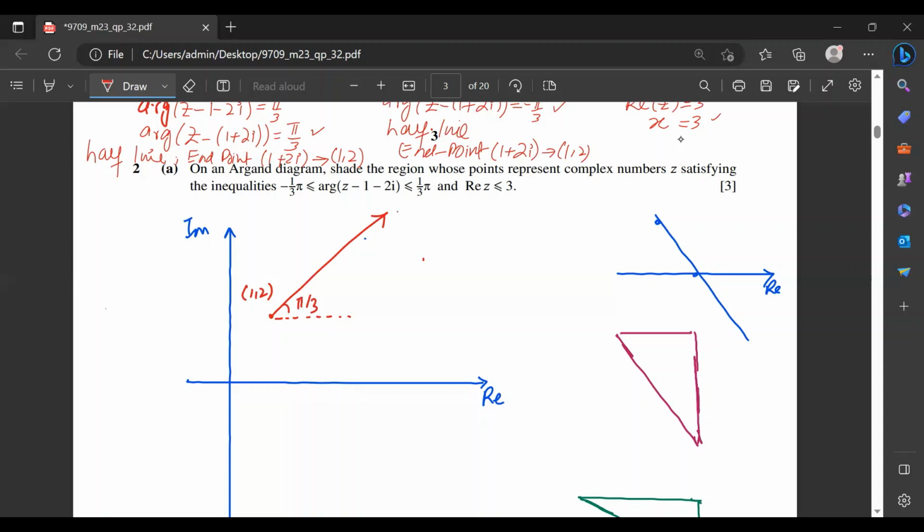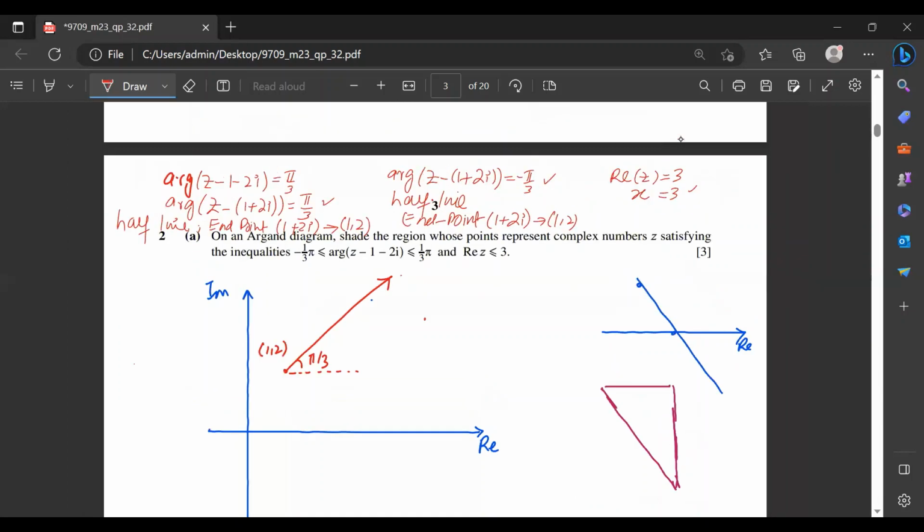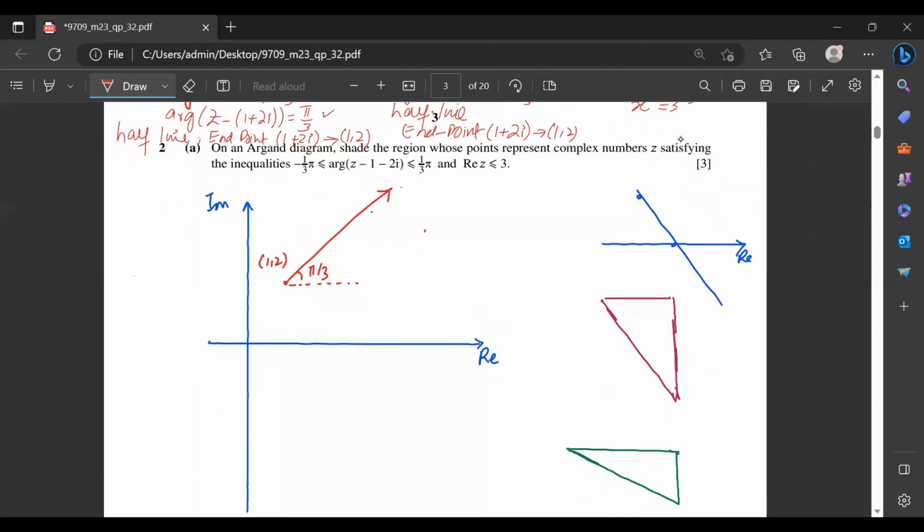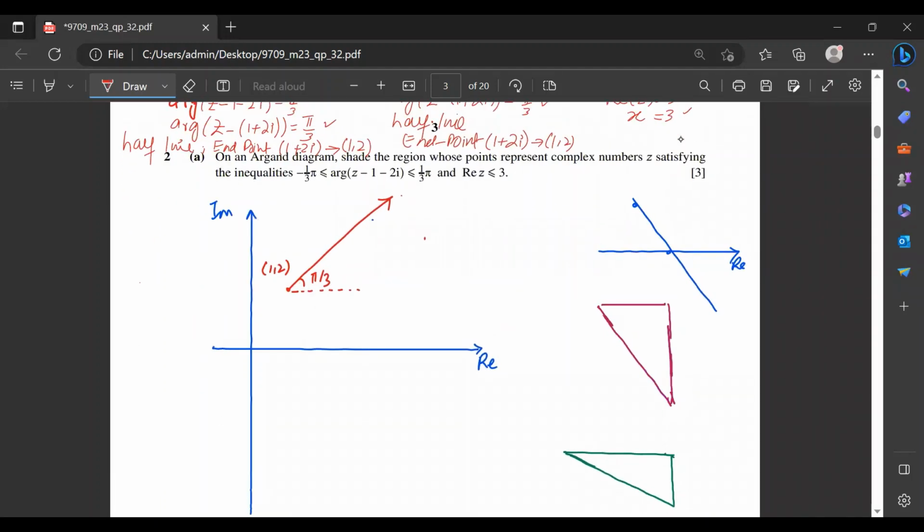The second is minus, meaning exactly here, this other locus, minus pi by 3. The magnitude of the angle is pi by 3, but the argument is minus pi by 3.